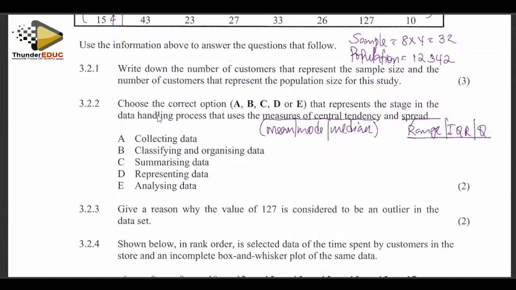They belong to C, whereby we are summarizing the data. Data collection, when you're starting, classifying, that's when you use the tables and knowing whether it's categorical. You use the frequency tables. Then summarizing, that's when you use the measures of central tendency and spread. Representing, you use graphs. Analysis, that's when you go deeper to find out which one is skewed.